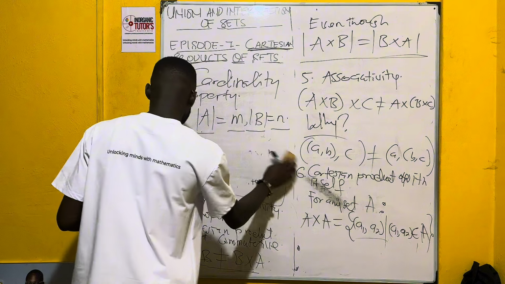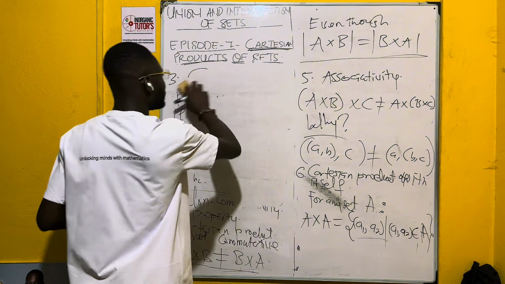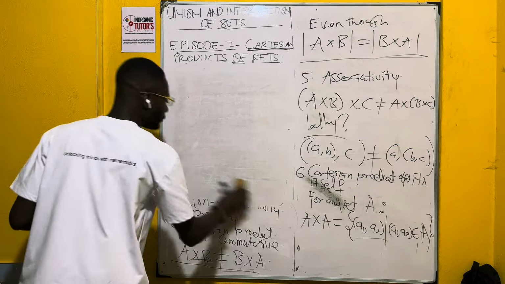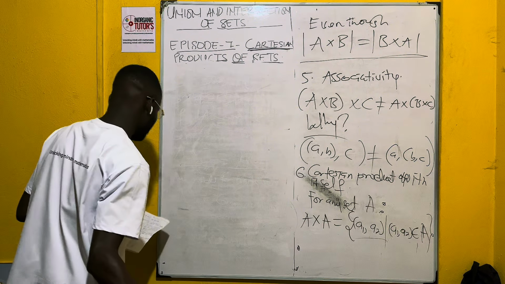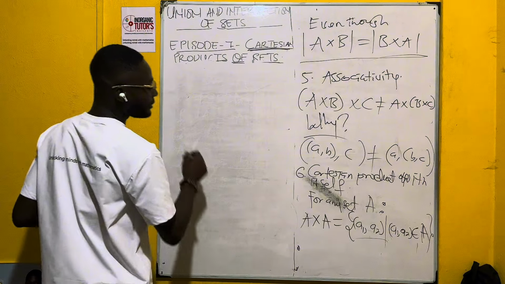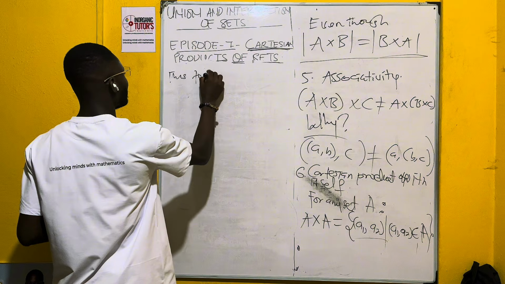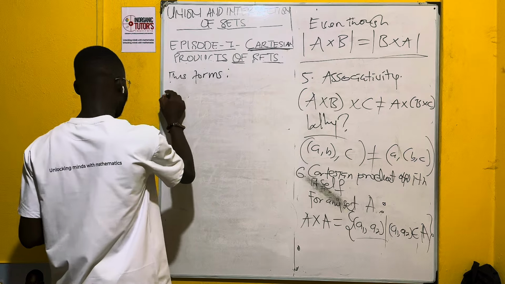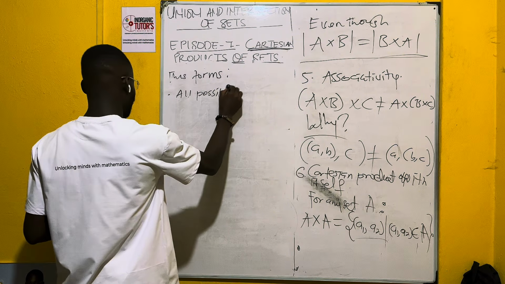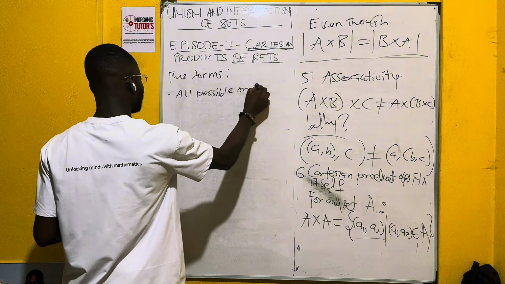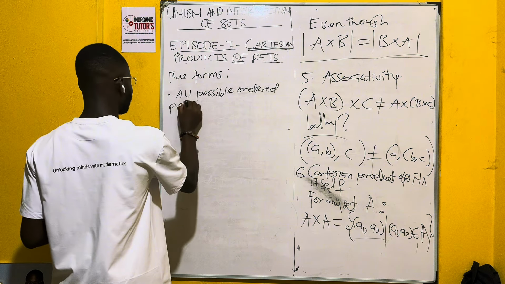Now, we can see that this forms all possible ordered pairs.